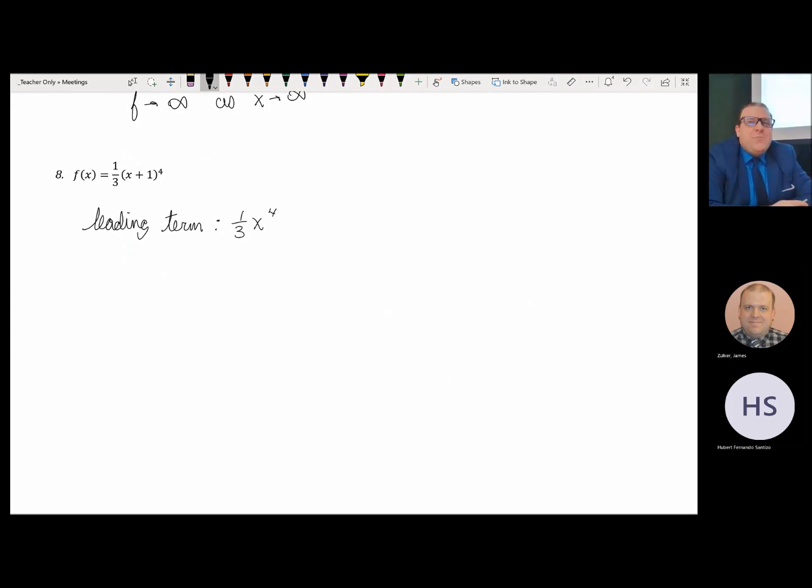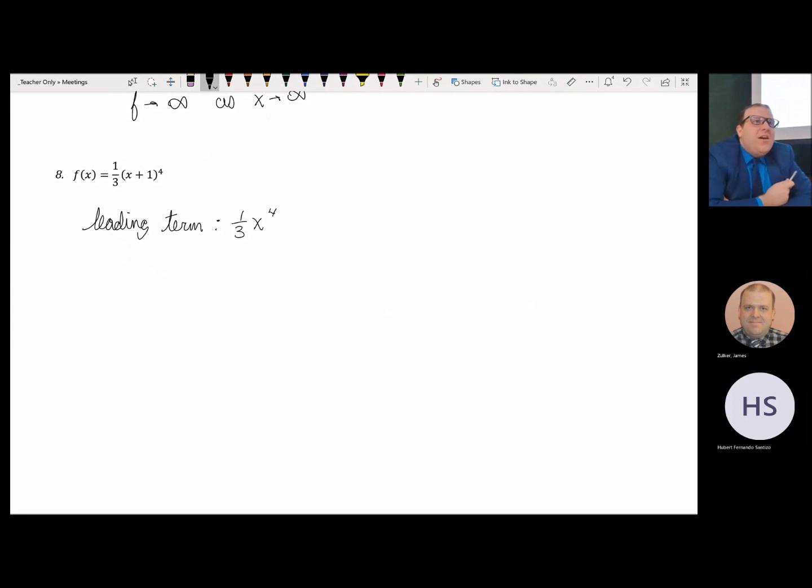If that was a 3x in there, it'd be 3 to the 4th, x to the 4th, because you have to raise that entire term to the 4th power. We don't care about the rest of the expansion. Again, why? Because this term is going to dominate the entire thing.